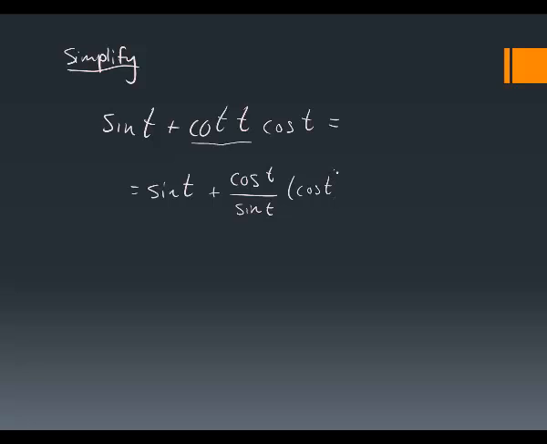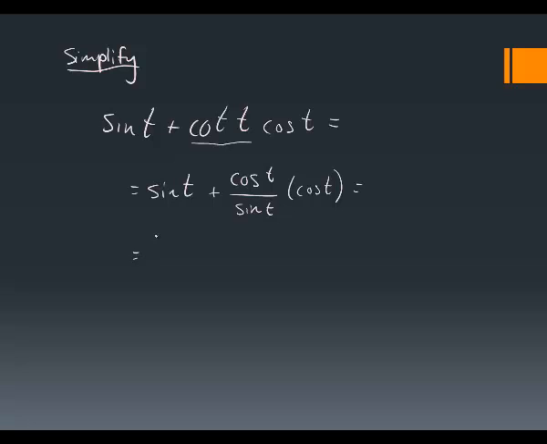Okay? So we have that, once again. And now let's change the denominator here so we can actually have something that works. If we're going to change the denominator on this side and combine like terms, we should probably have this as a sine.